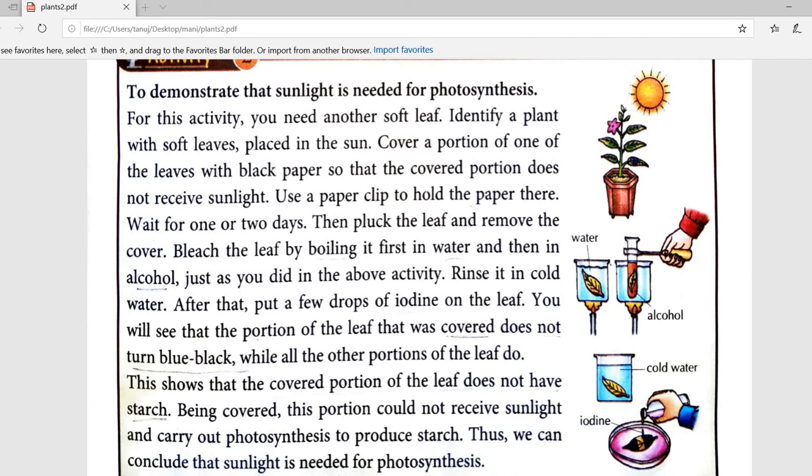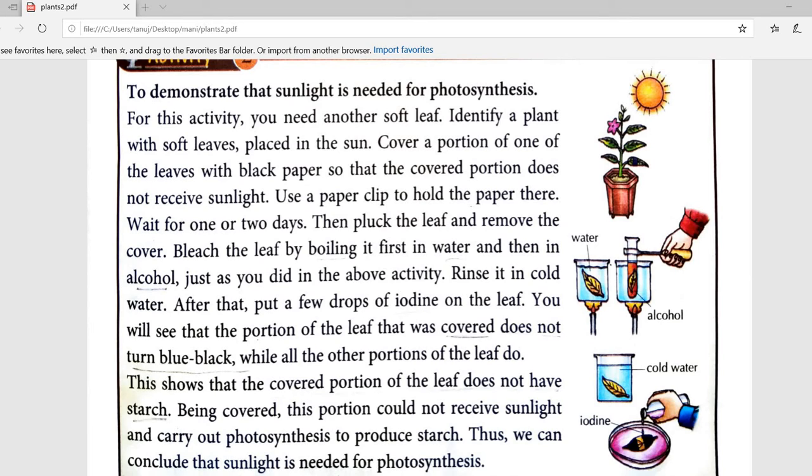As we know earlier, the leaves have stomata inside them, which help the leaf make food for the plant. So what things do the plant leaves need to make food? Number one, sunlight. Two, air, meaning carbon dioxide from the environment, and water from soil, minerals and sunlight.